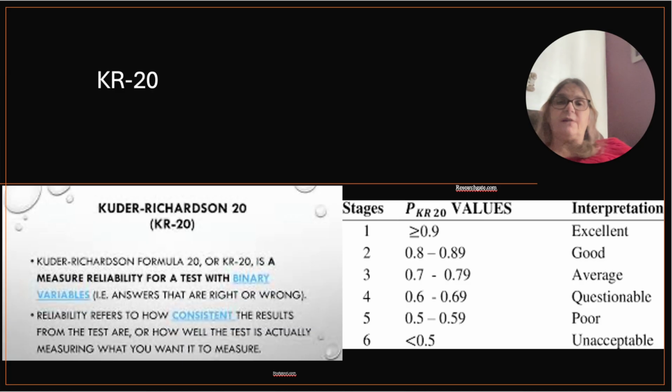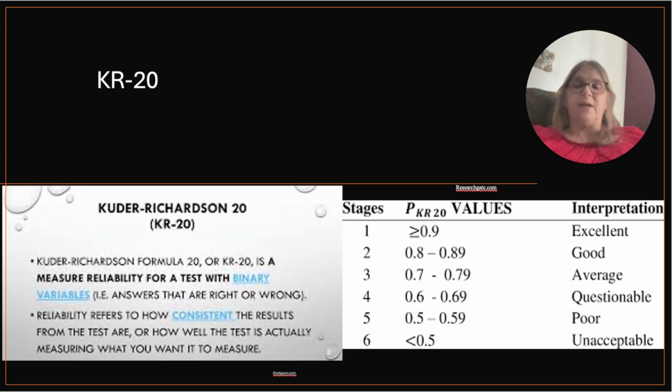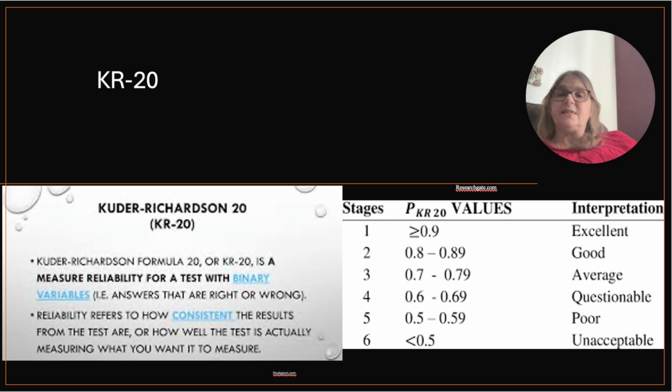One that is used quite frequently is the KR20, and this is Kuder-Richardson Formula 20. This one shows reliability by answers that are right or wrong. So this can only be used in those types of questions where it's either right or wrong, and it will give us an answer as to how reliable our test is. We have to make sure when we do a test that it's reliable.